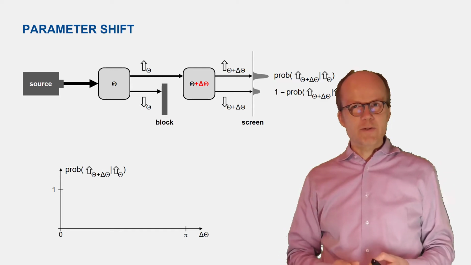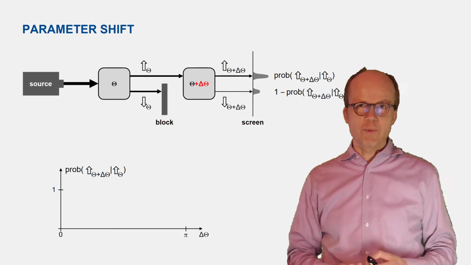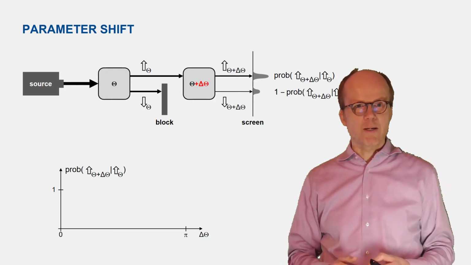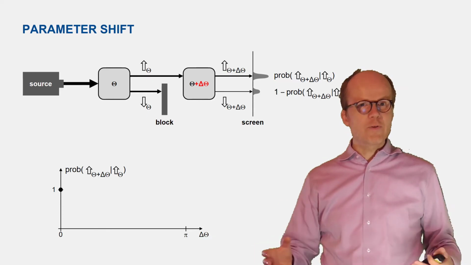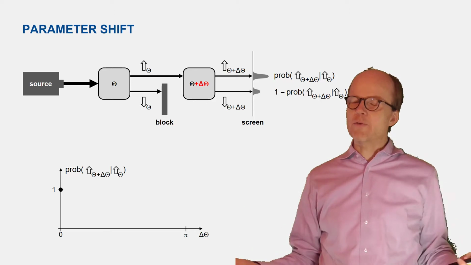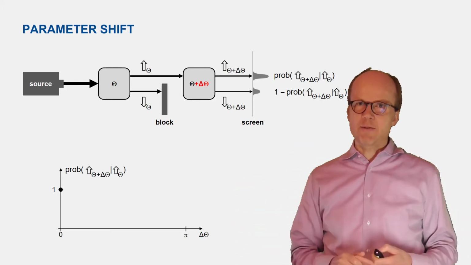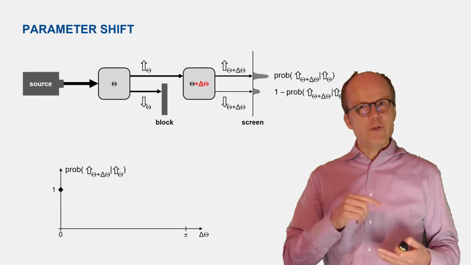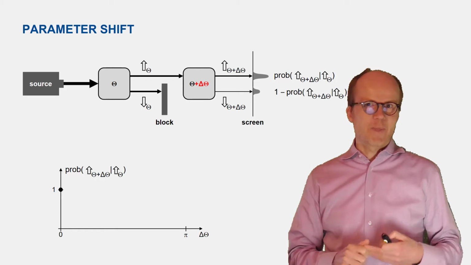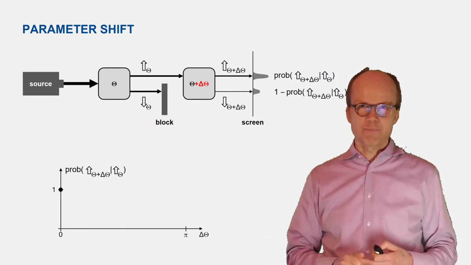If delta theta is 0, then we are back to the situation where the measurement should be reproducible, and that probability should be equal to 1. If, on the other hand, delta theta is pi, then think of the Stern-Gerlach experiment. You have the two magnets upside down. So what used to be up in the first magnet is now down in the second magnet.